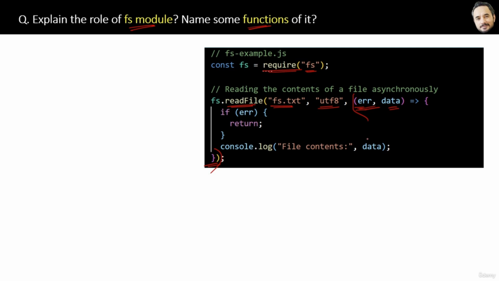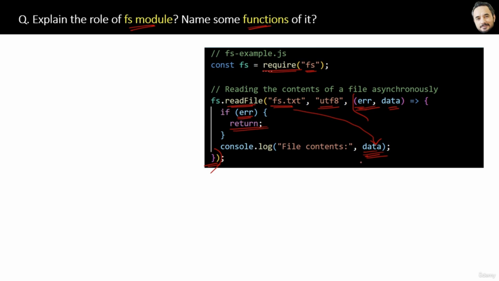While reading from this fx.txt file, if there is any error, then we are just returning blank, okay? And if there is no error, then we are reading all the content of this fx.txt file in this variable data and printing the content here in the console. So I'm printing, this is my logic, and as per the application requirement, the logic can be different, okay? You can do anything with this data which we are getting from the file.